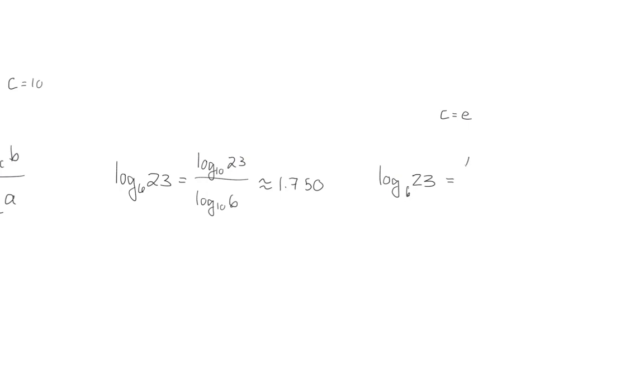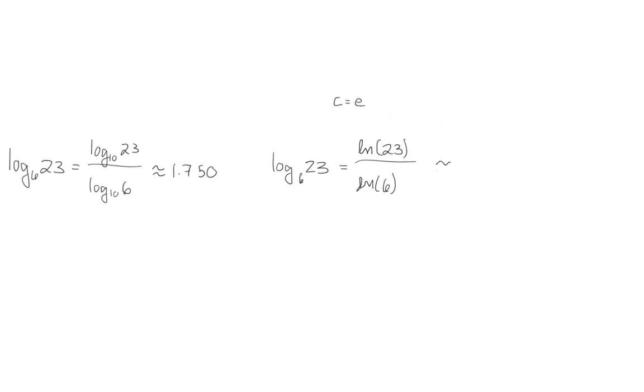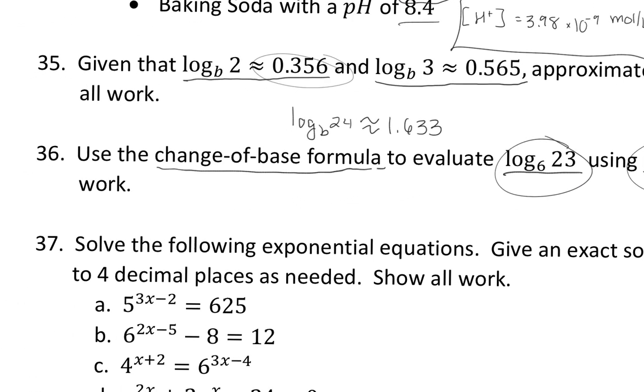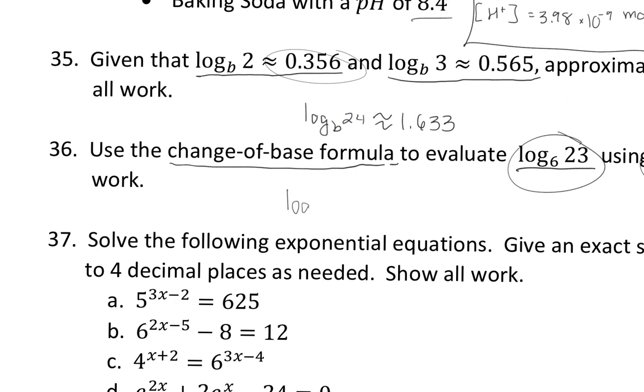So this is going to have a value of the natural log of 23 over the natural log of 6, which, again, putting that into the calculator, is going to give us a value of 1.750 approximately. So log base 6 of 23 is approximately equal to 1.750.